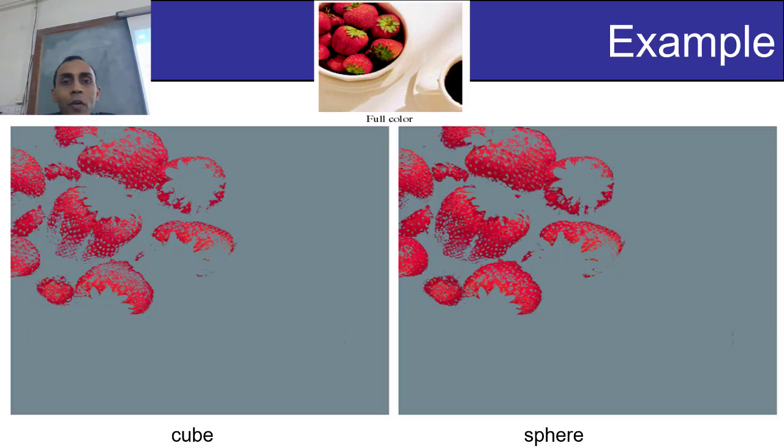This is an example of color slicing for the red component, where the reference color point is the color of the strawberry. These are the results whether you specify a cube or a sphere as the region of interest. Results are almost the same. I think here we have slightly better output.